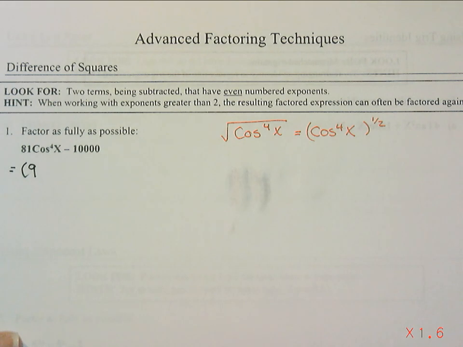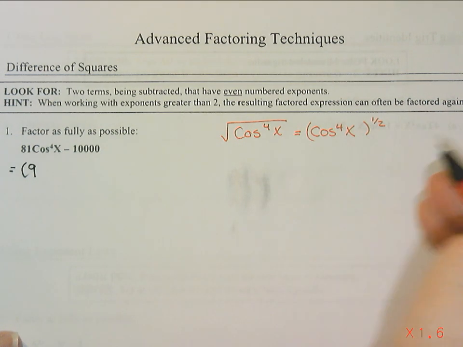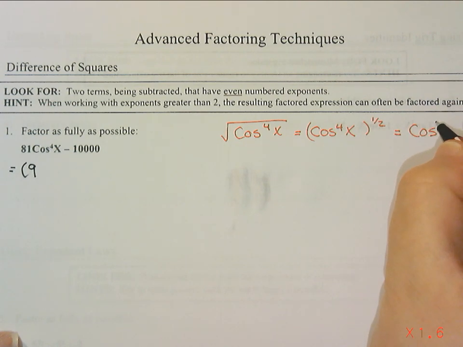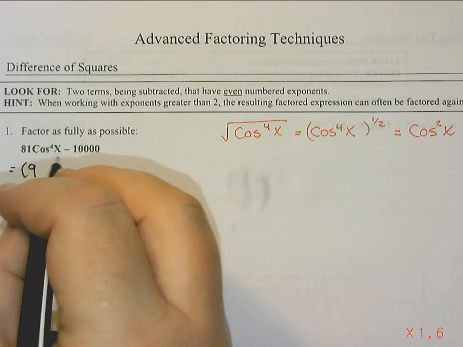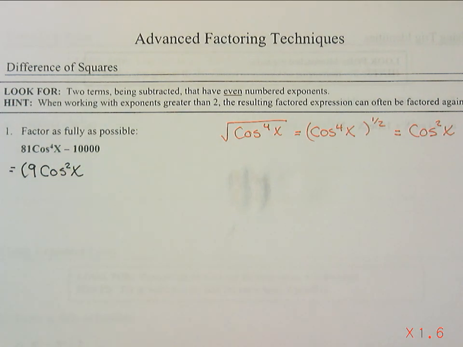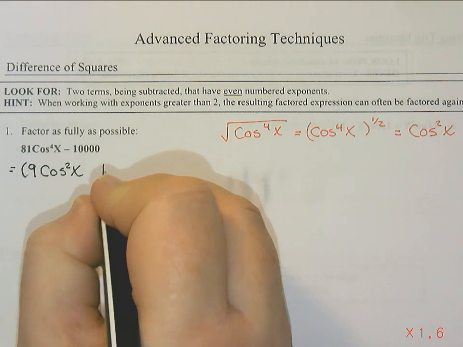And then if I use my exponent laws and I multiply 4 and a half, 4 times a half is just 2. So when we are square rooting something with an exponent, we actually just end up dividing that exponent by 2. So here, this is going to be cosine squared x. We could have used variable replacement if you wanted to.